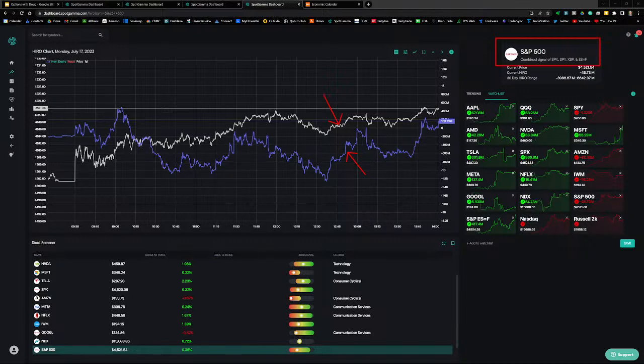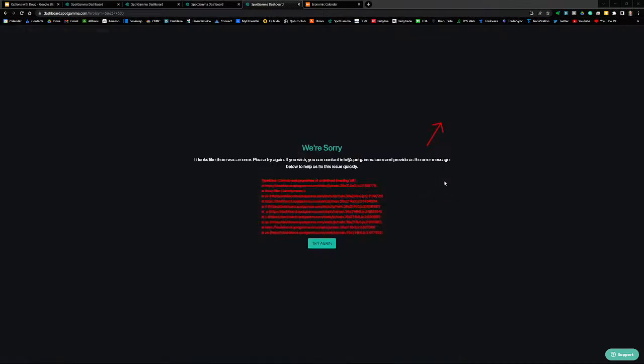And this is what I use for trading the S&P 500. And note this number is just mildly positive. This is delta notional value, positive.